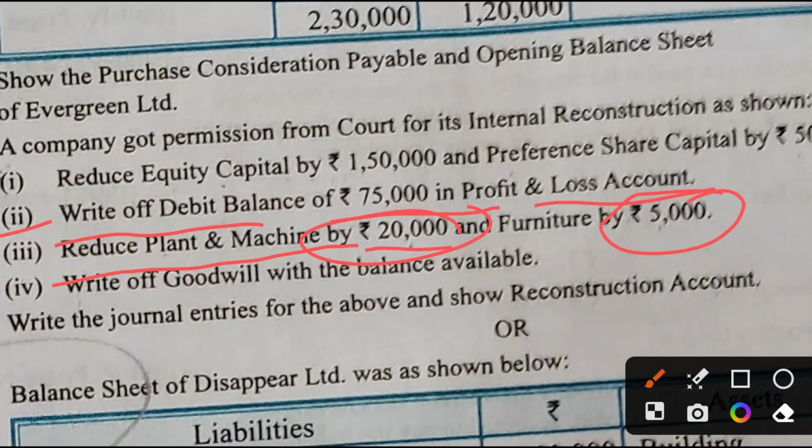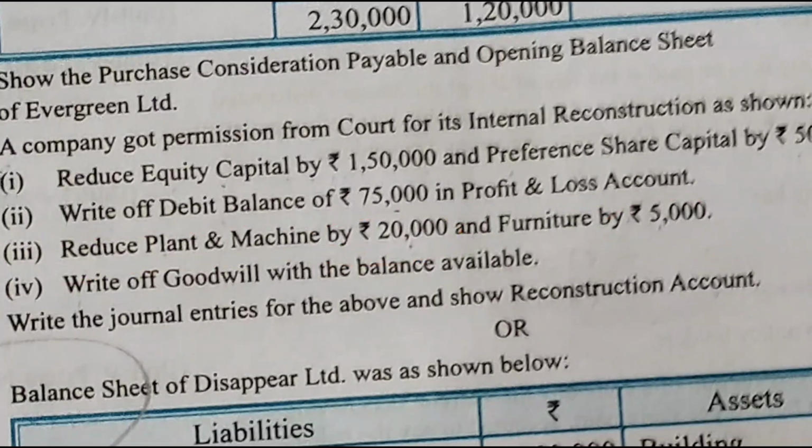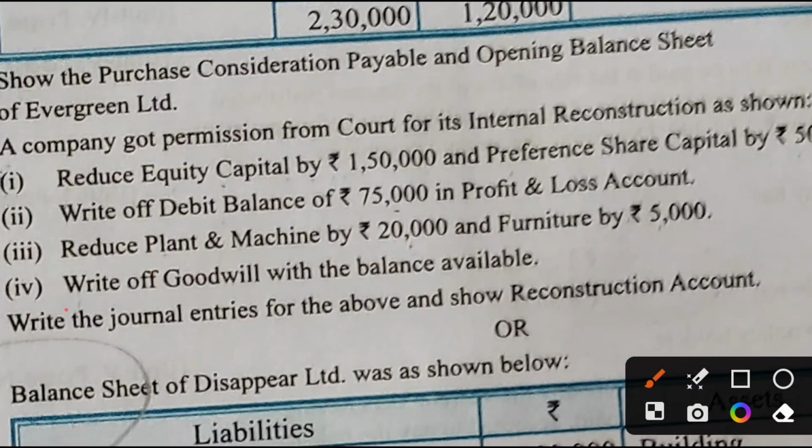Plant and machinery by 20,000. And write off the goodwill with the balance available. Please be careful whenever they say balance. The leftover balance will be transferred to the goodwill account, so that they can write off the goodwill.